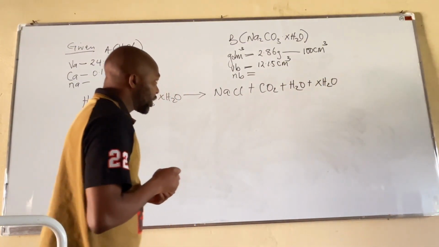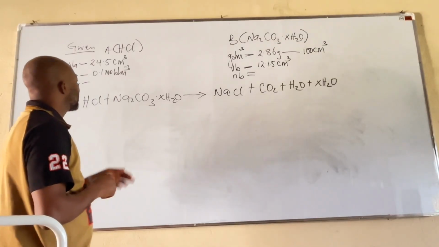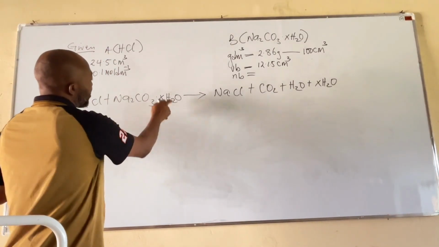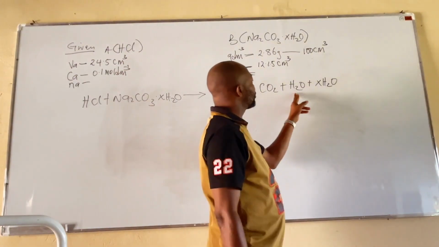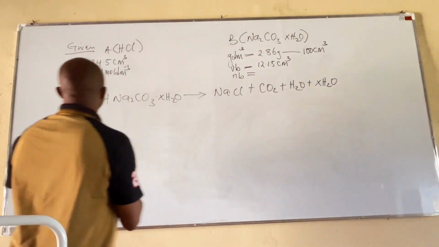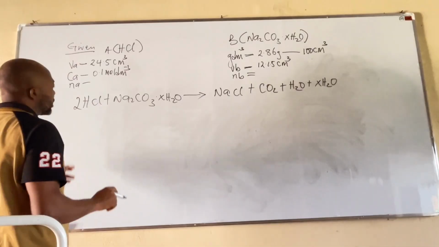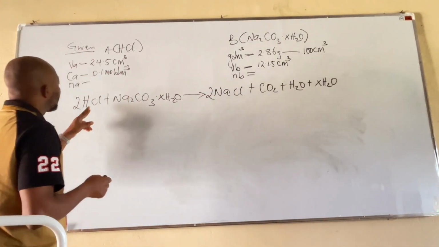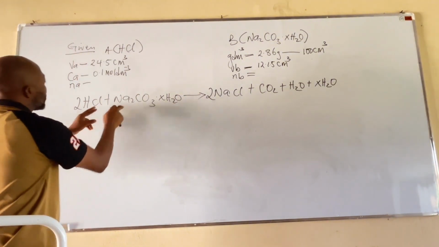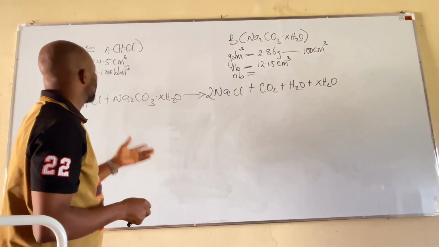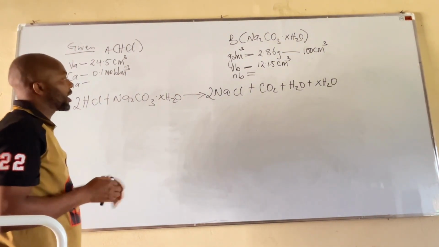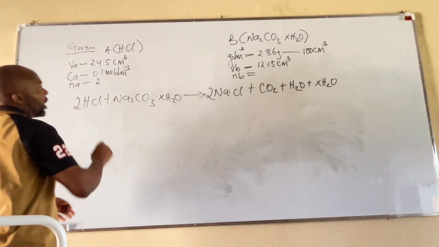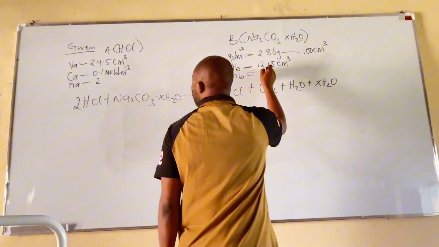So we just need to check to see if it is balanced. We have 2 sodium, and I have 1 hydrogen here plus 2. So here I have 2, 2, 4. So hydrogen is not balanced. If I add 2 here, hydrogen is balanced. So by virtue of that, I will have 2 here. So I have 2 chlorine, 2 sodium, 2 sodium. Carbon is 1, CO2. Okay, everything is balanced. So from here, the number of moles of acid, Na, is 2, and the number of moles of the base, Nb, is 1.